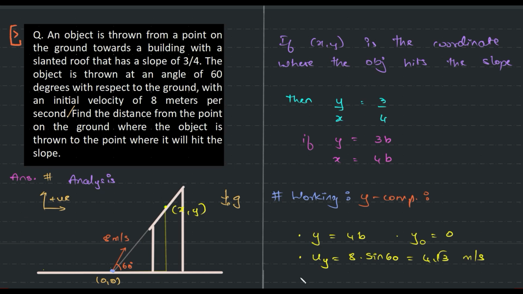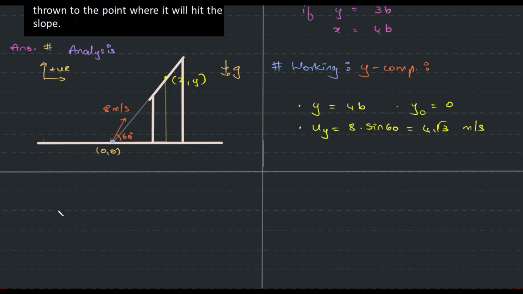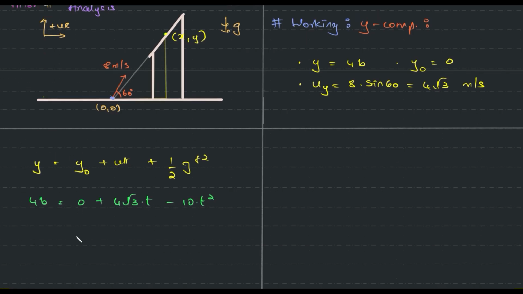And g we know. So y is equal to y naught plus u t plus half g t square. So we have 3b is equal to 0 plus 4 root 3 t minus 10 t square. There are too many unknowns, so we'll just call this equation 1. Always write all the things that we know before you start worrying about where it is going.